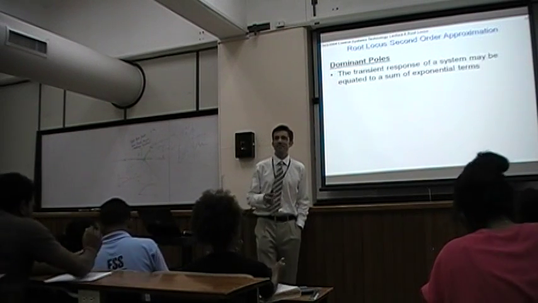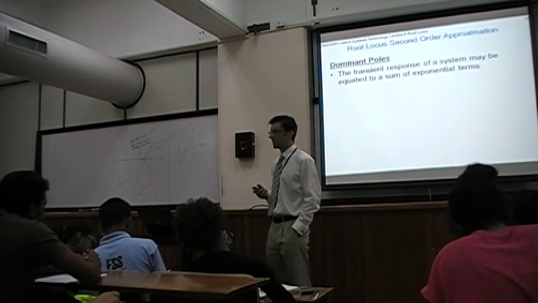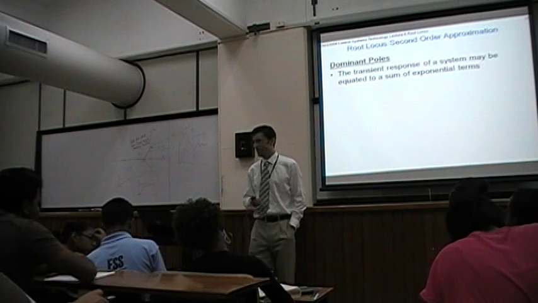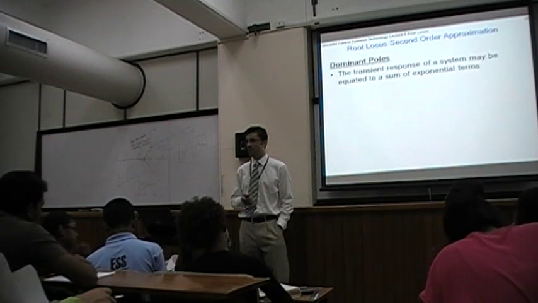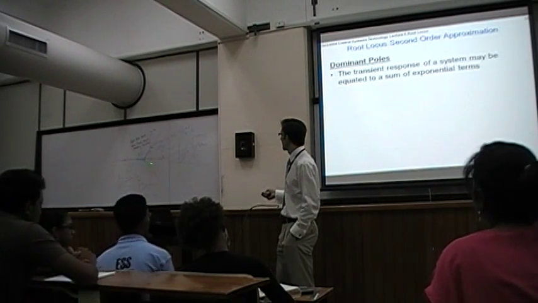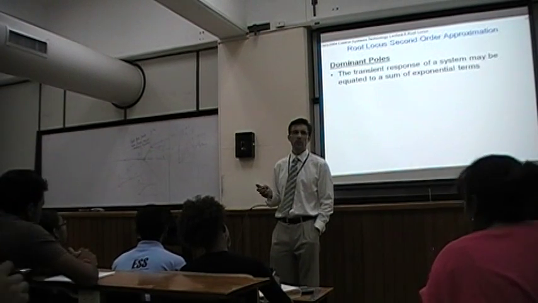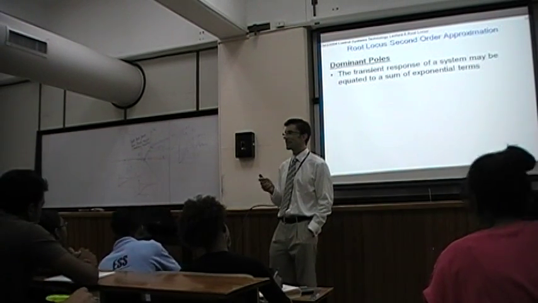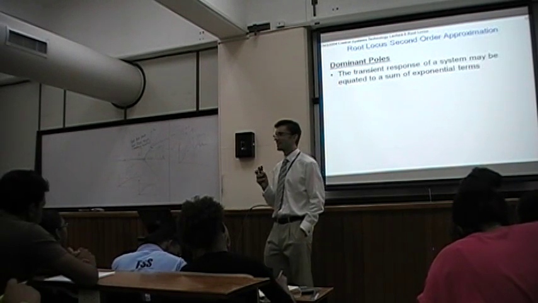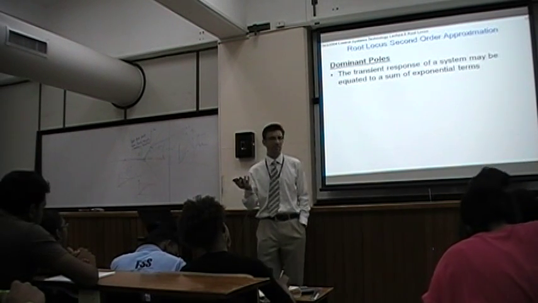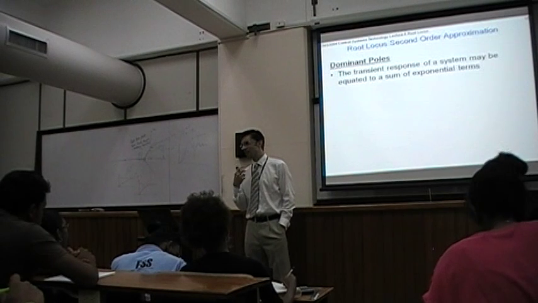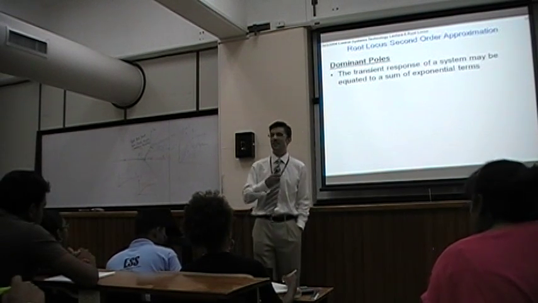We know that the transient response of the system can be equated to a sum of exponential terms. So if we find the roots of the characteristic equation, they tell us about the nature of the response of the system, and the nature of the response is defined by these exponential terms.